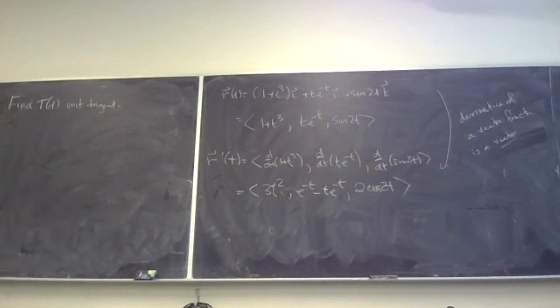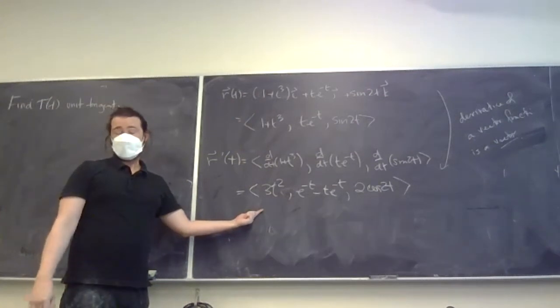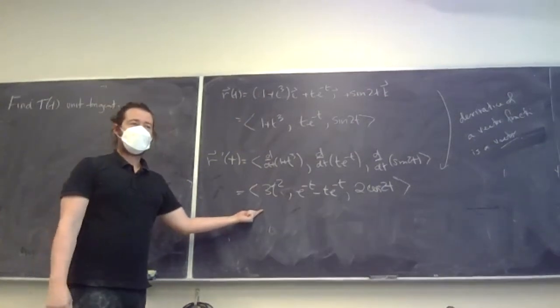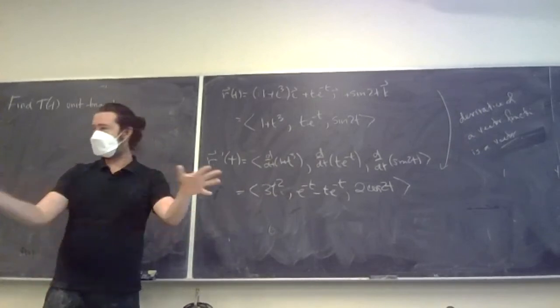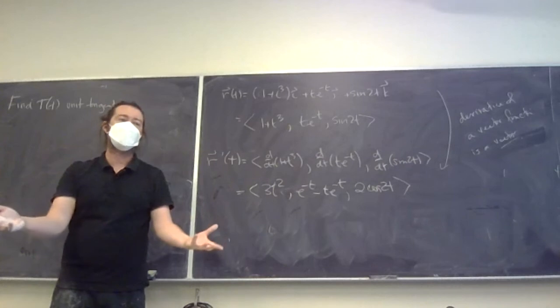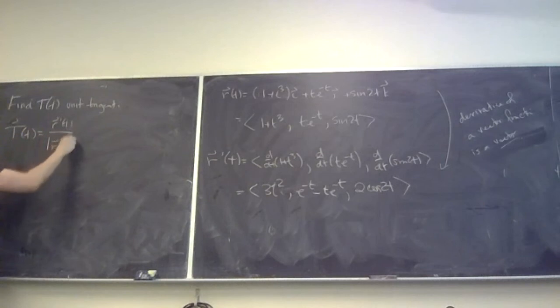Now these could be ugly because I have to compute the length of that. So you've got to trust that if I ask you to do this in a sophisticated setting, and I ask you to compute the length of this vector, it's okay for you just to write down some mess of algebra without doing it. T of t is equal to r prime of t divided by the length of r prime of t.